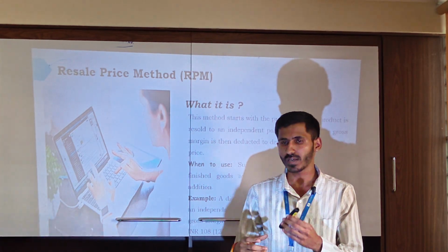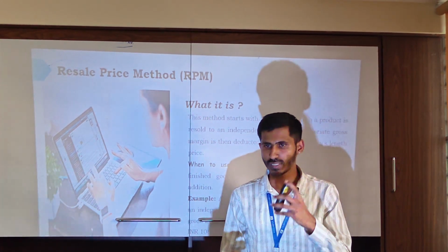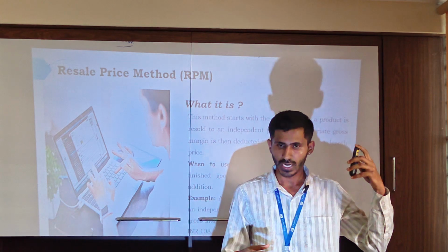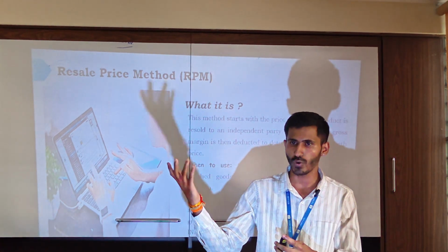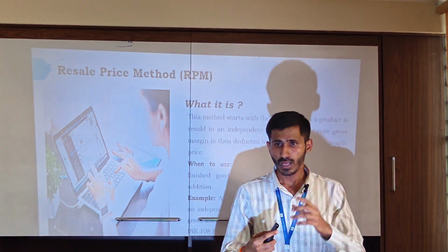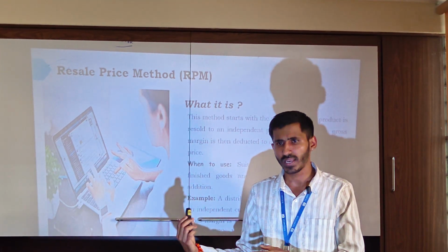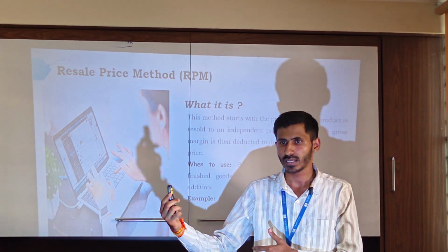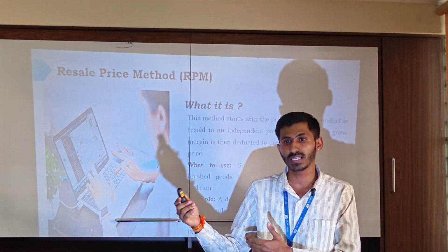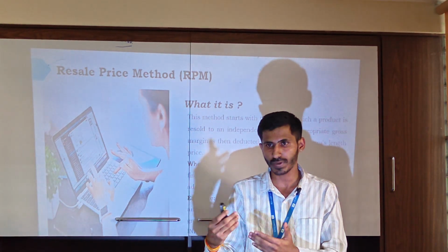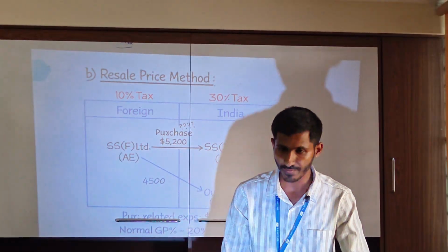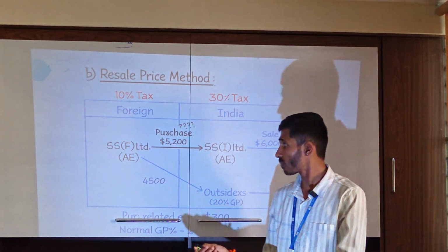Let us take an example of a TV. If Samsung India buys a TV from the Samsung parent company in Korea and resells it, and if any other dealer buys it and resells it, the gross profit percentage is the same. It is an assumption. We will come to the definition after seeing this example.